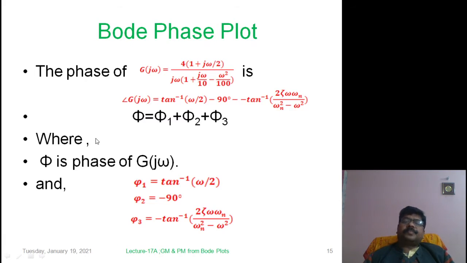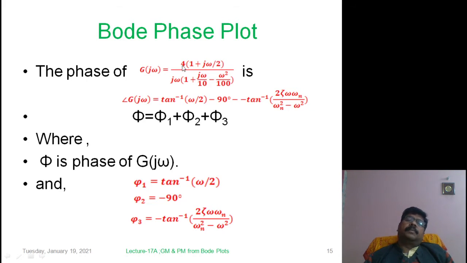So the next part of this Bode plot is the phase plot. Here G(j omega) equals 4 over (1 plus j omega by 2) times j omega times (1 plus j omega by 10 minus omega square by 100).